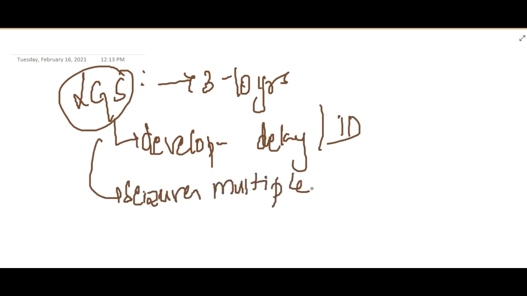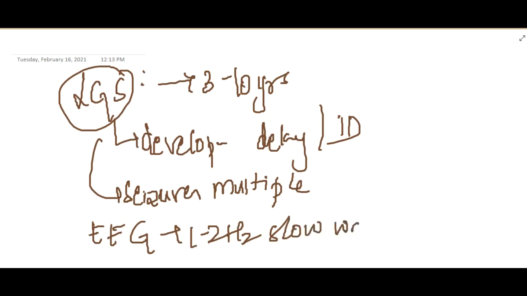If you see the EEG, it shows a 1 to 2 hertz slow spike and wave pattern. It is difficult to control this syndrome even after giving multiple anti-epileptics.